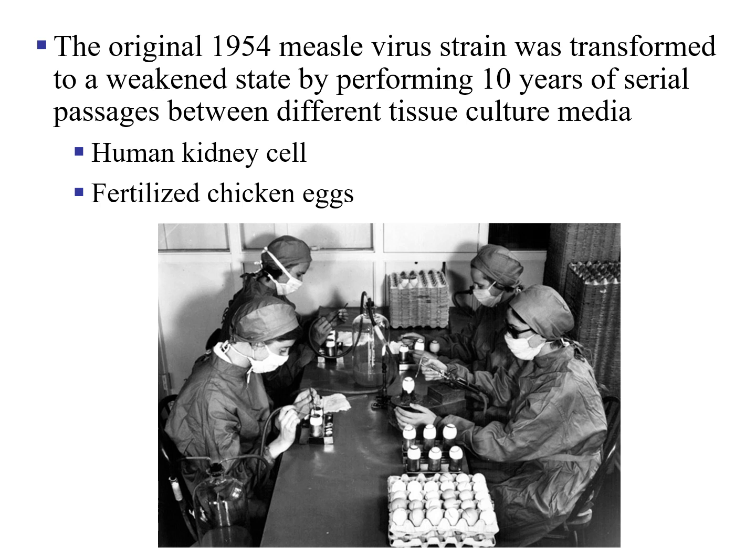Then they removed it and put it into a fertilized chicken egg. Then they took it out and put it back in the human kidney cells. They did this over and over for 10 years to develop a weakened strain of the virus that causes measles. And this occurred in 1954.